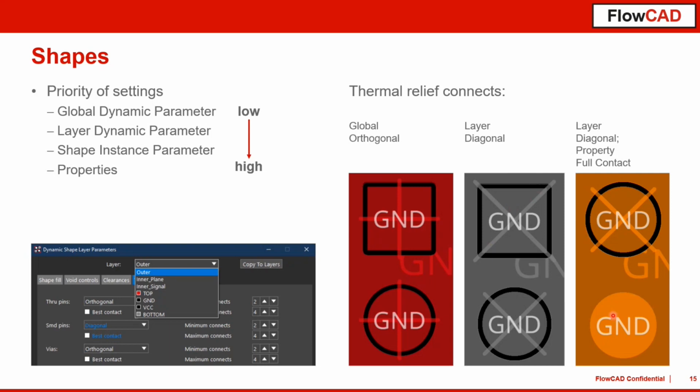And if you want to override this for one dedicated pin or one dedicated via, for example, to have full contact, then you can do this by adding a property to this via or pin or whatever. I will also show this later on inside of the tool, so then you have an impression how this is reacting. And keep in mind how the priority of the settings works here.